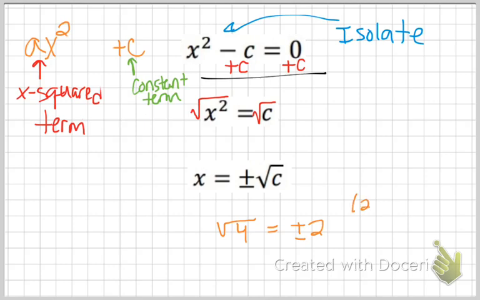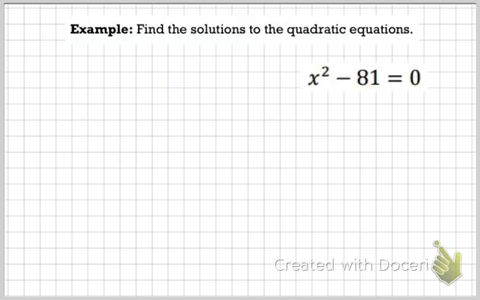Well, positive 2 times positive 2 is 4. Negative 2 times negative 2 is also 4. That's why we take the positive and the negative version, because we don't know which one it is for sure. So let's apply that here for solving. We're going to find the solutions to the quadratic equations.